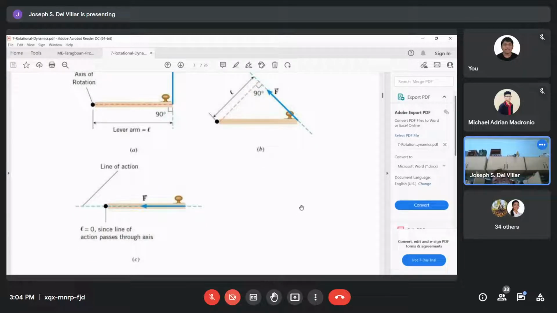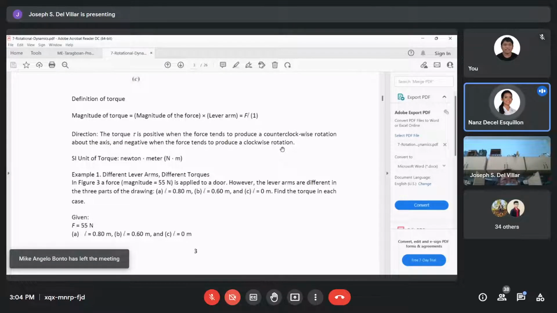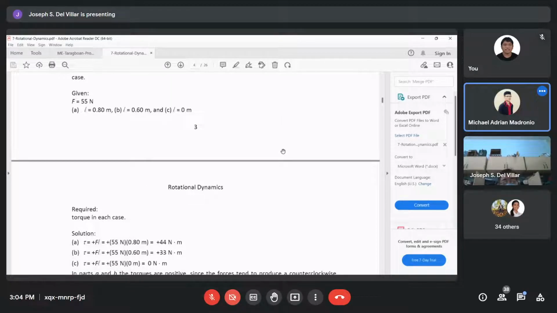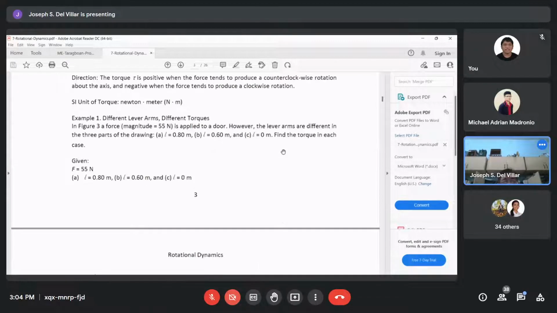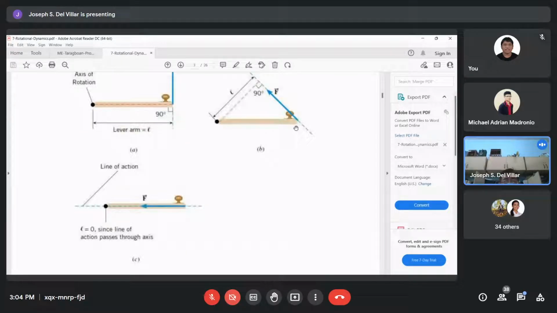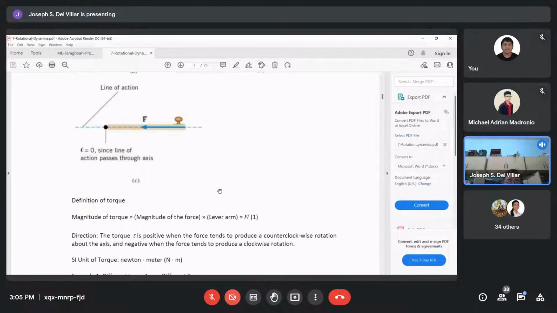Kitang-kita ito, di ba? Pag tinulak mo to, so ano ng direction ng door? Counter po. Counterclockwise pa din. It is still counter. Kasi yung force nga papunta dito. So the tendency of the door is to rotate counter. So it is still positive.